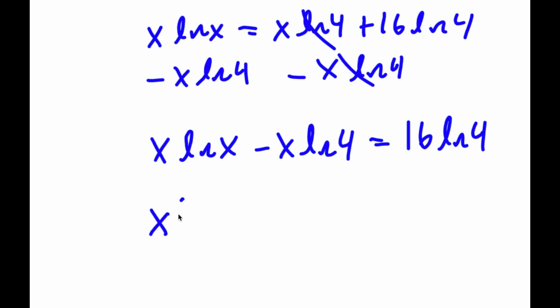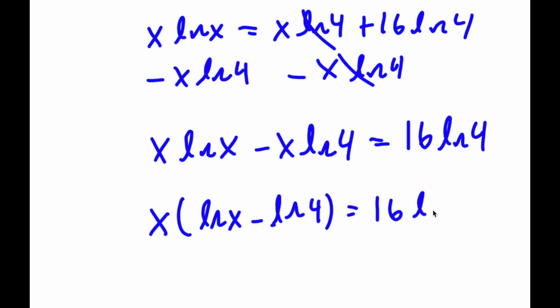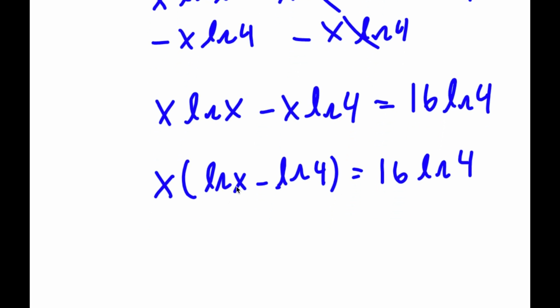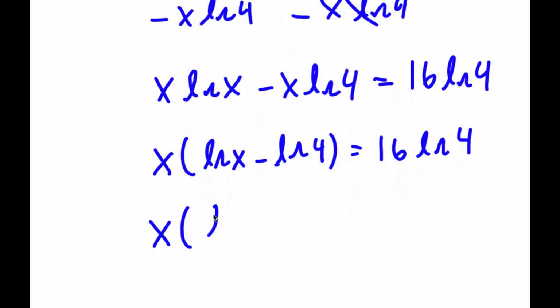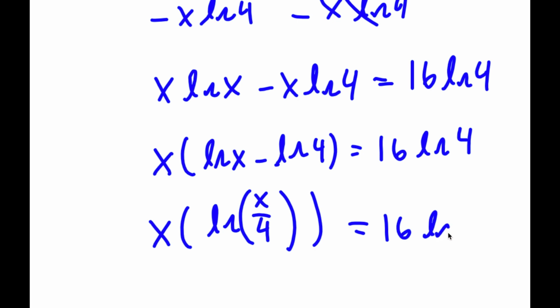Now I can go ahead and factor out x from here, so I get x times ln x minus ln 4 is equal to 16 times ln 4. Now ln x minus ln 4 is simply equal to ln x over 4. So I have this is equal to 16 times ln 4.